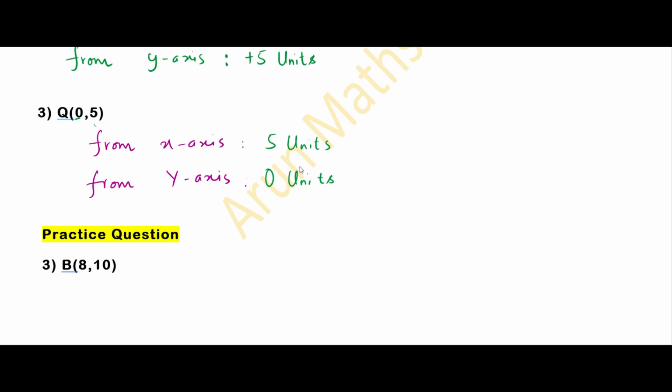That means the point is on the y-axis. A point of the form 0 comma y means it is on the y-axis. In the same way, x comma 0, this point is on the x-axis. Students, make a note of all these points, then watch it again and again to understand all this concept.